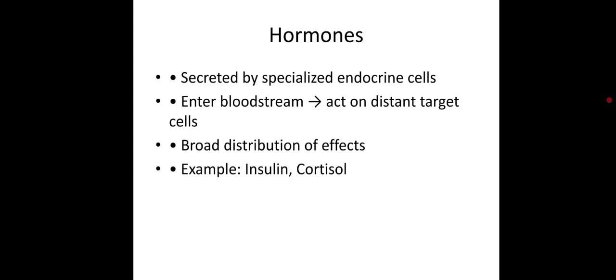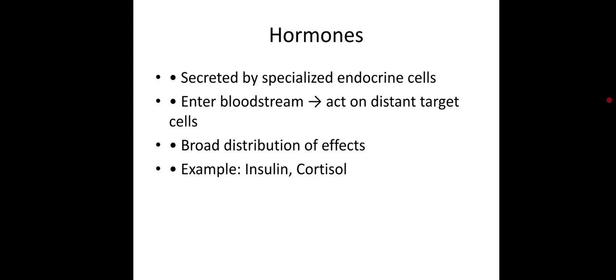So the transmission in case of hormones isn't as quick as compared to neurotransmission, because they have to travel with the blood pressure. If the blood pressure is low, of course there will be a delay to reach the target site.